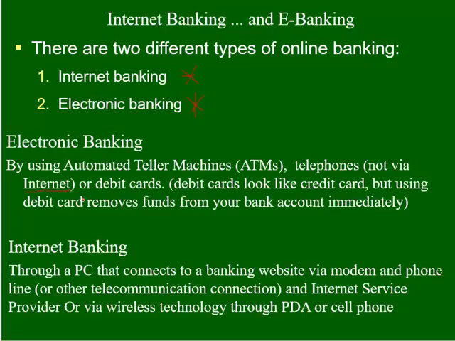It's a form of electronic banking. Or you have your debit card, which you can use to withdraw from either the ATM machine or maybe a POS, as the case may be. This is what we refer to as electronic banking.